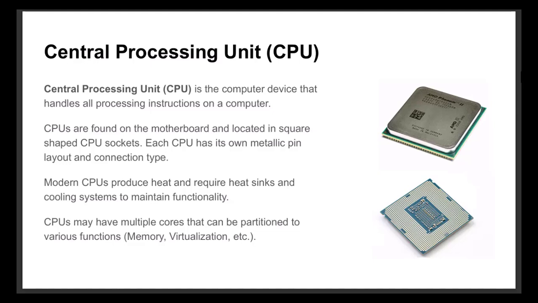On your motherboard, you will have a specific location where we will insert a CPU into a socket. And each CPU will have its own layout as far as the metallic pins that are used for all of our processing connections.